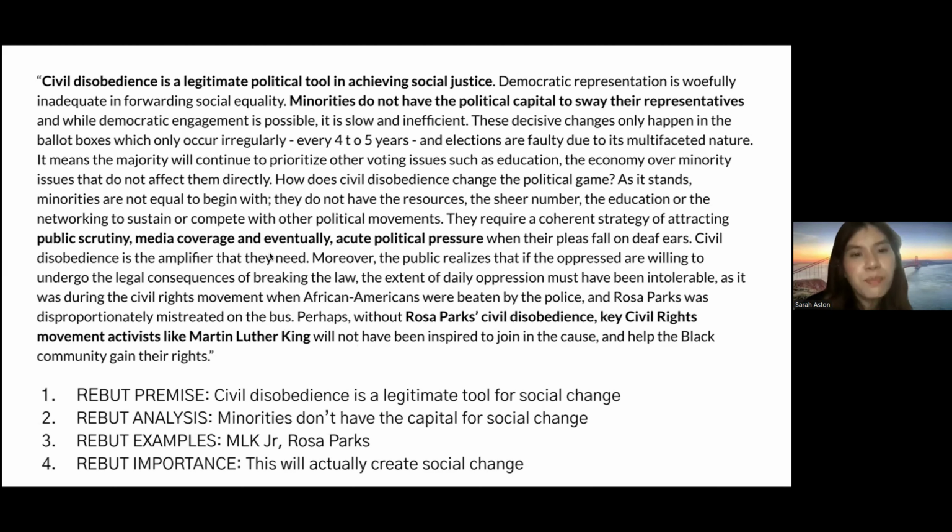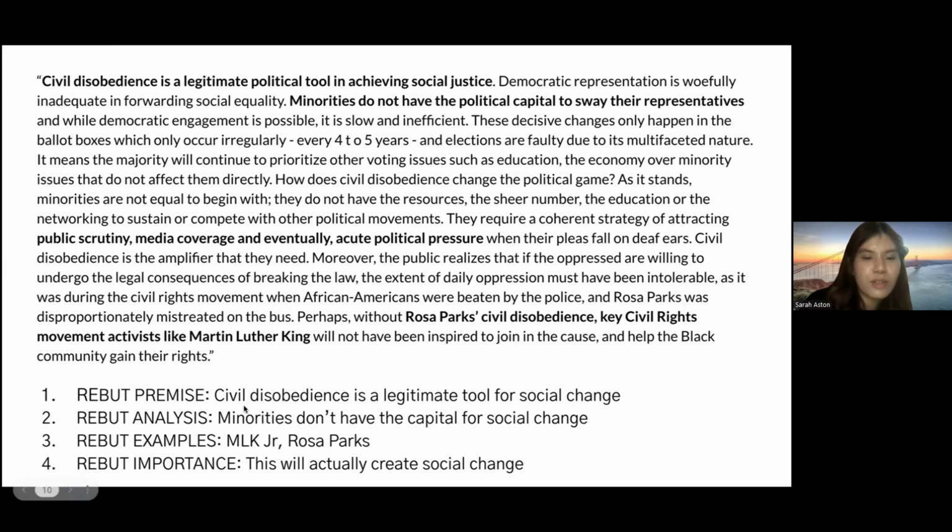Public scrutiny, media coverage, and eventually acute political pressure. Rosa Parks' civil disobedience, key civil rights movements, activists like Martin Luther King. Okay, so when you're trying to rebut the premise, you talk about how civil disobedience is a legitimate tool for social change. That's the premise, that's your argument, right?